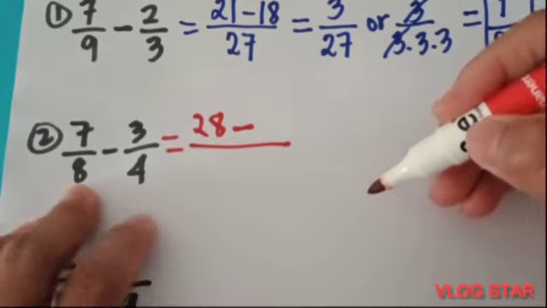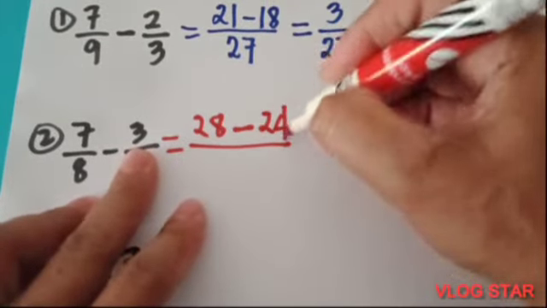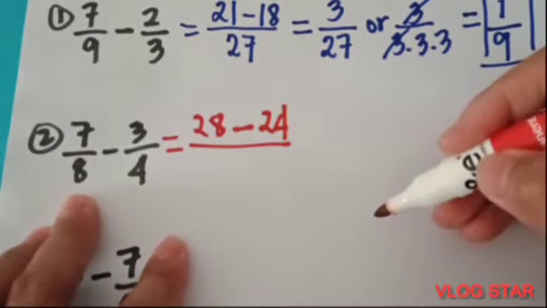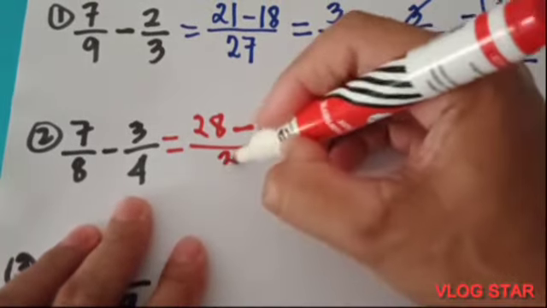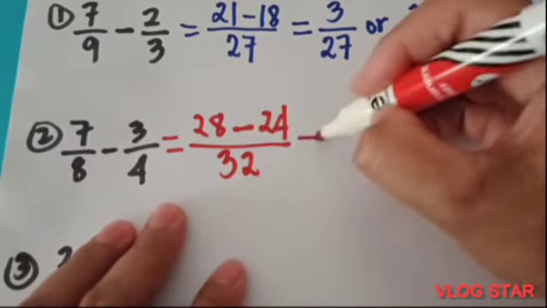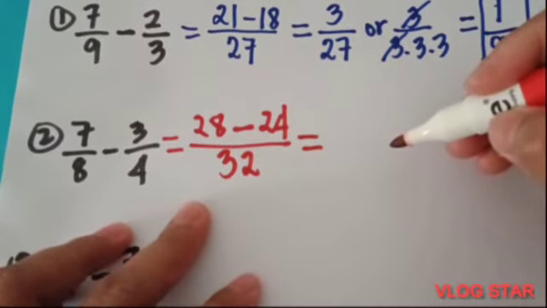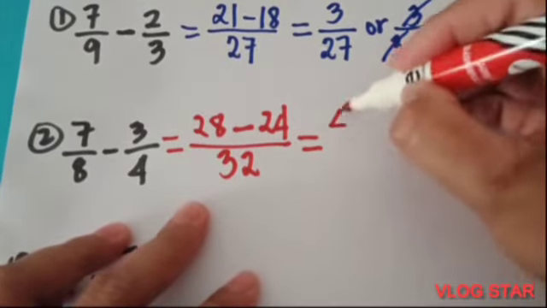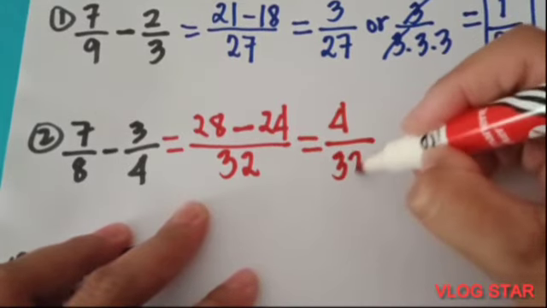Minus 8 times 3 is 24. Tapos, 8 times 4 is 32. So, subtract. 28 minus 24 is 4. So, over 32.